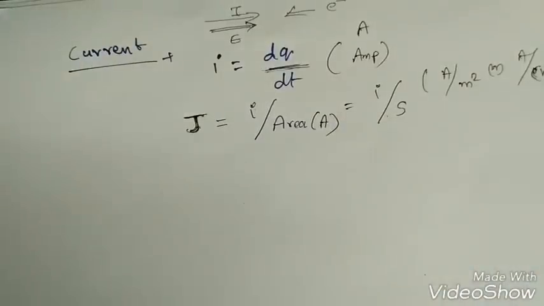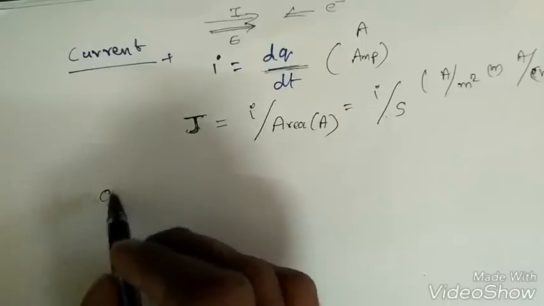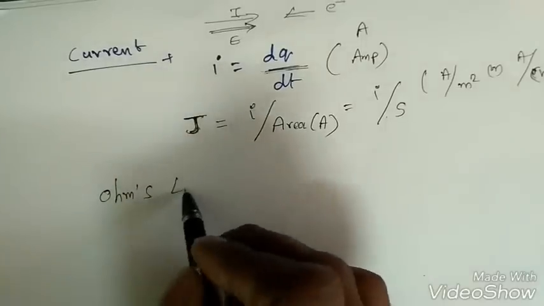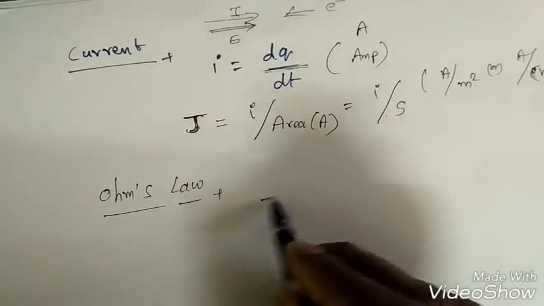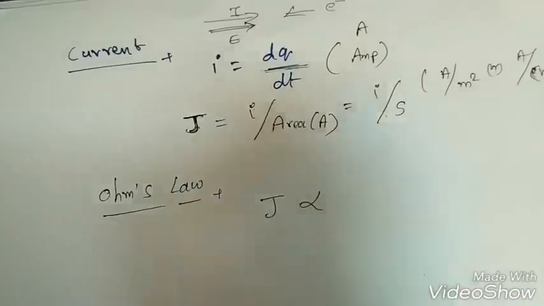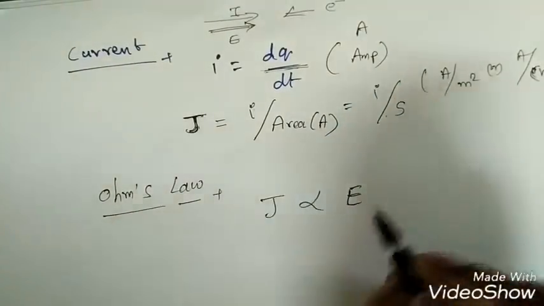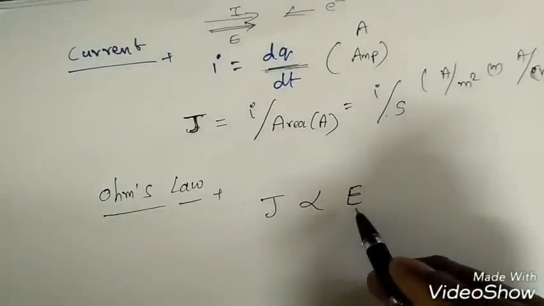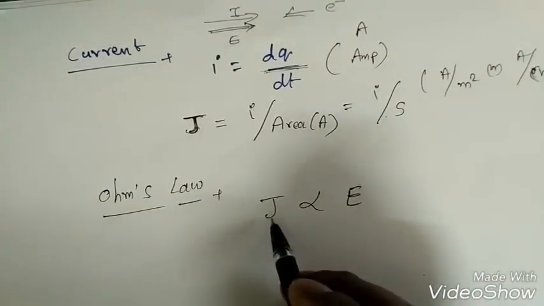Now again we need to define some more terms. So the main one is Ohm's law, right? What this Ohm's law states is that the current density is directly proportional to the applied electric field, right? So if we vary the electric field, the current density also varies.